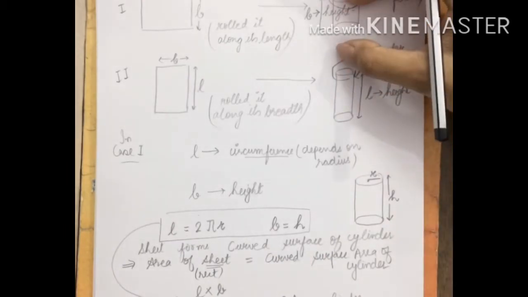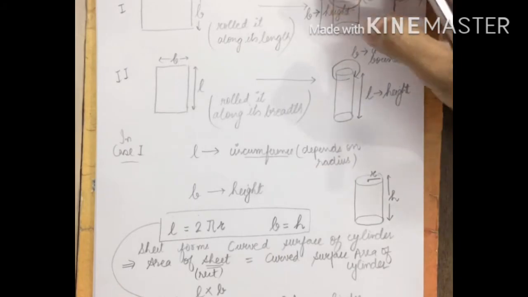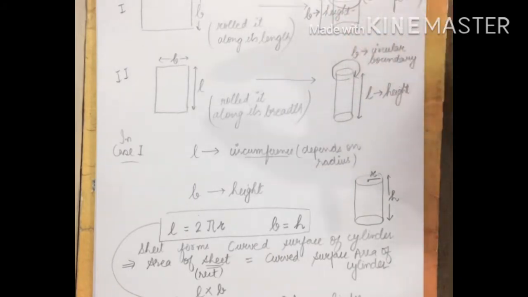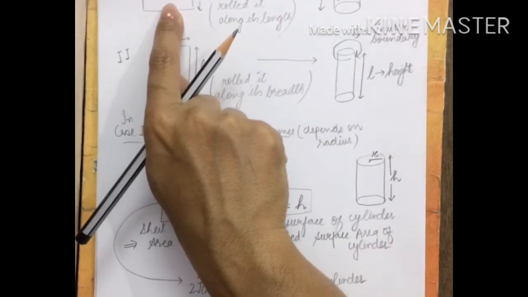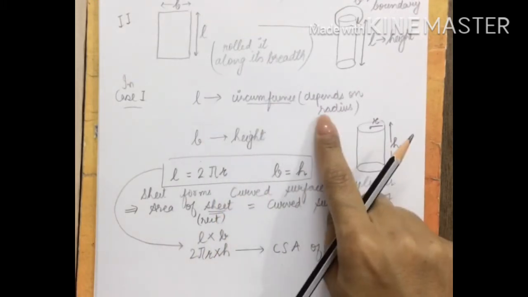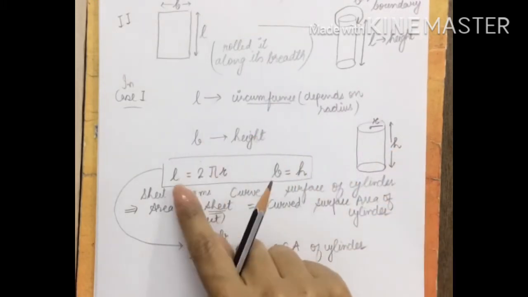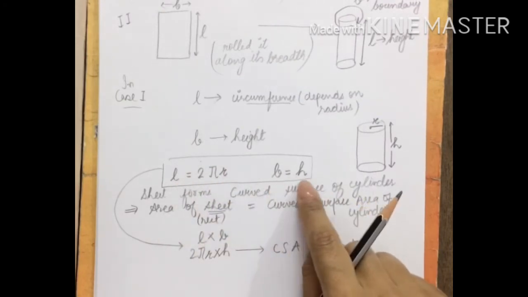In that case, the only surface in consideration would be the curved surface, and the area for that curved surface will be equal to the area of the rectangular sheet, which is given by the product of L and B. With our observation, we have obtained that length becomes the circumference, which is 2 pi r, and breadth becomes the height, which is represented by h.